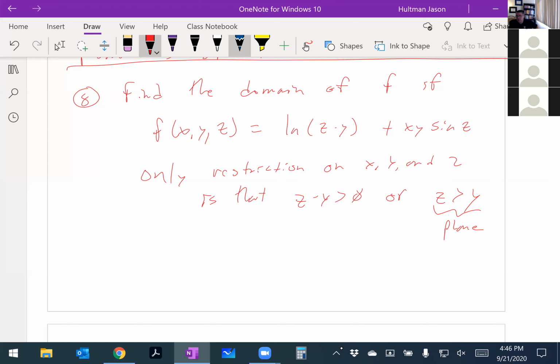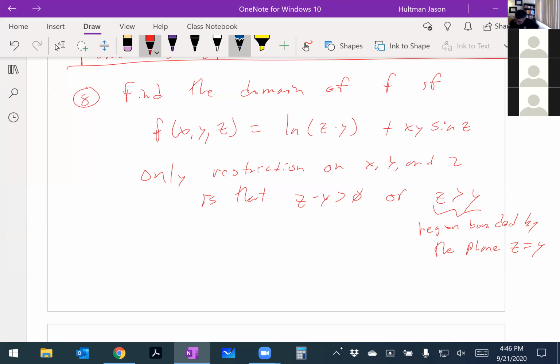This is a region bounded by the plane z equals y, and it's everything above that plane.